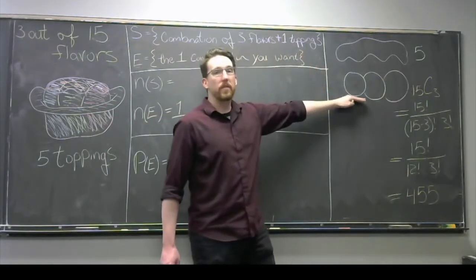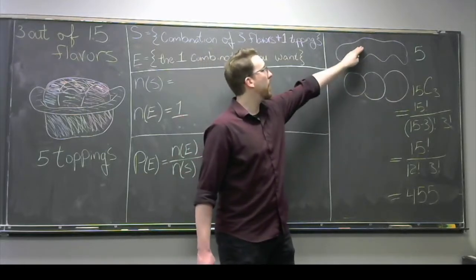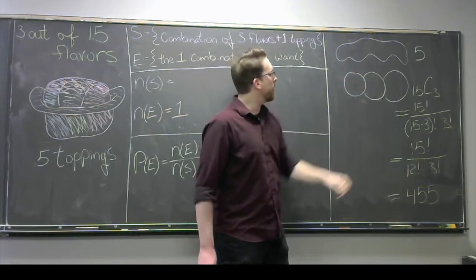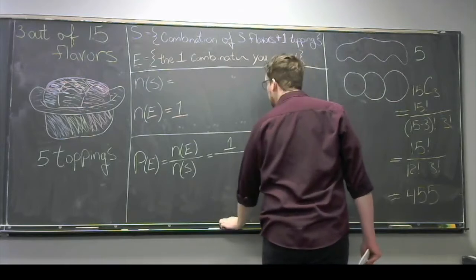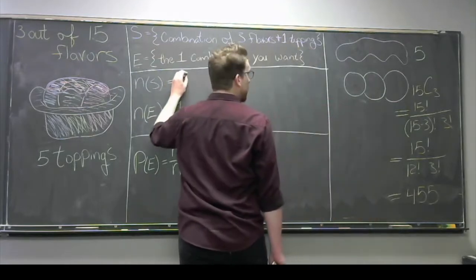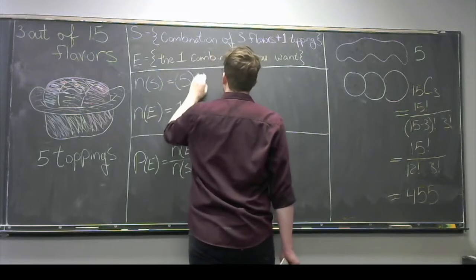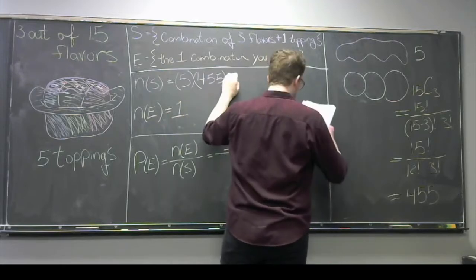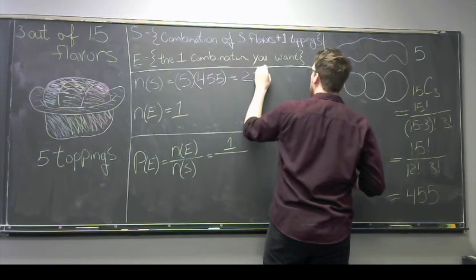There's 455 different ways of choosing the 3 ice cream flavors, and 5 different ways of choosing our single topping. So the size of our sample space is going to be 5 times 455, which is 2,275.